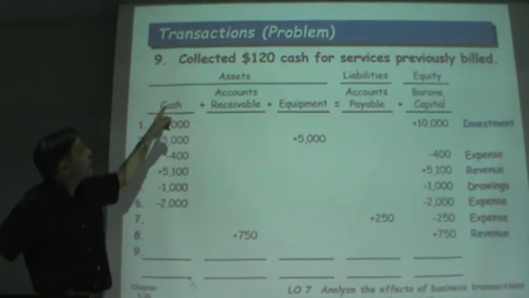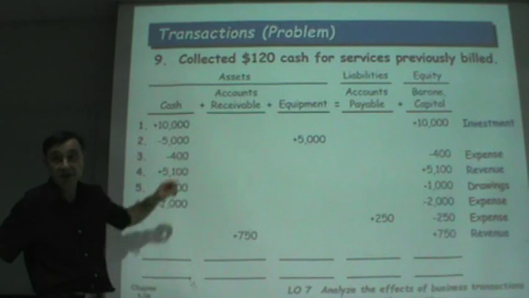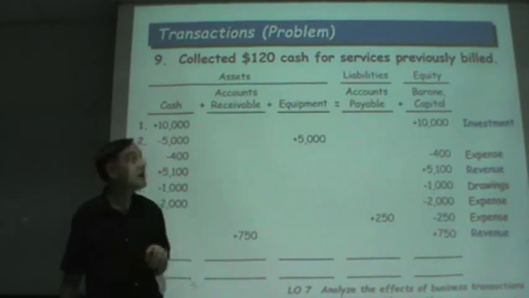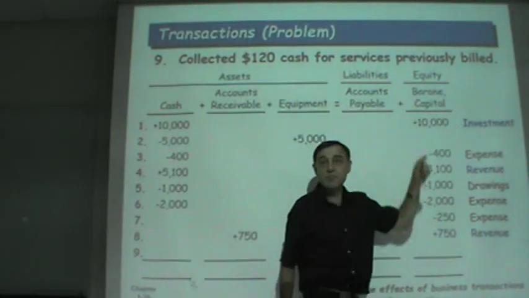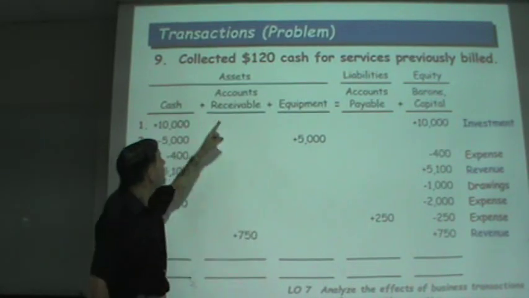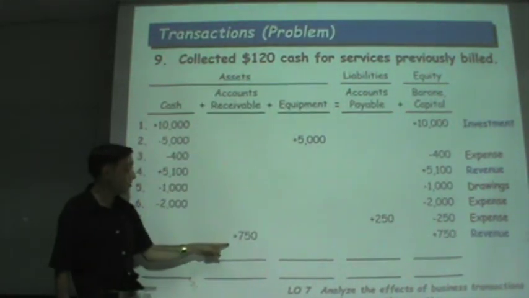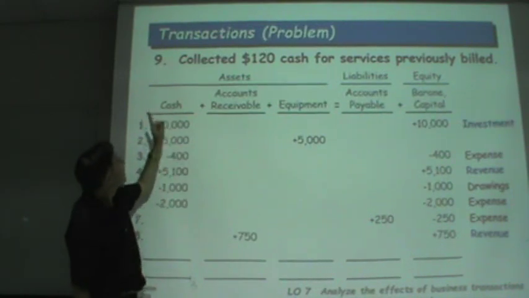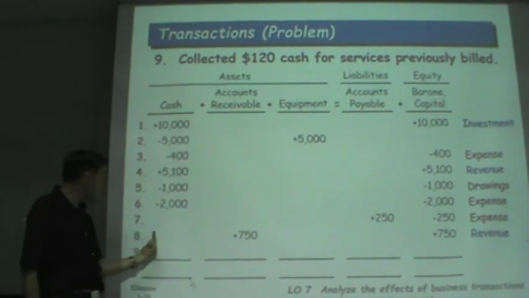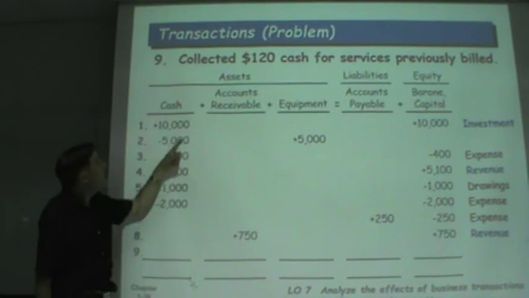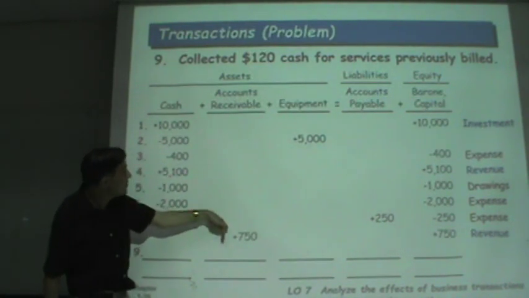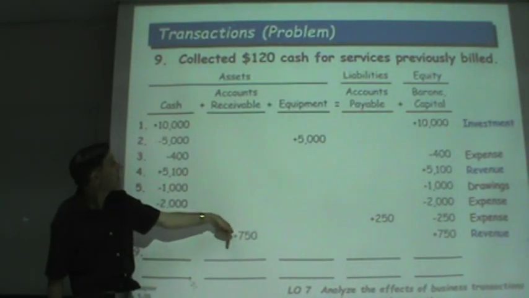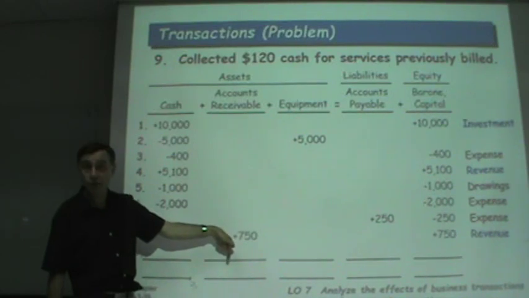Collected 120 cash for services previously billed. Previously billed means that before you had account receivable. Collect cash means cash going up 120. And before account receivable means account receivable going down.